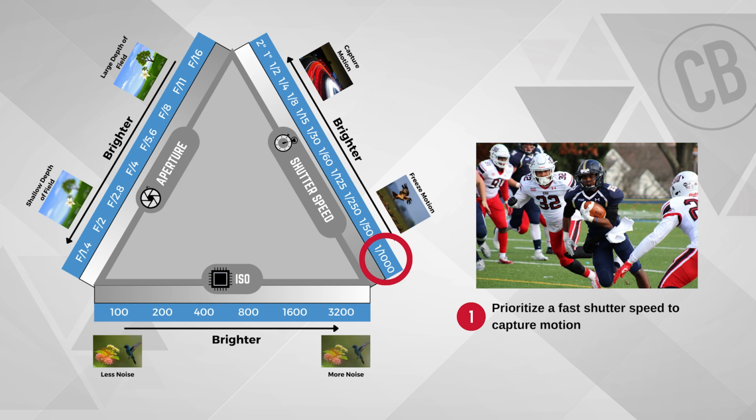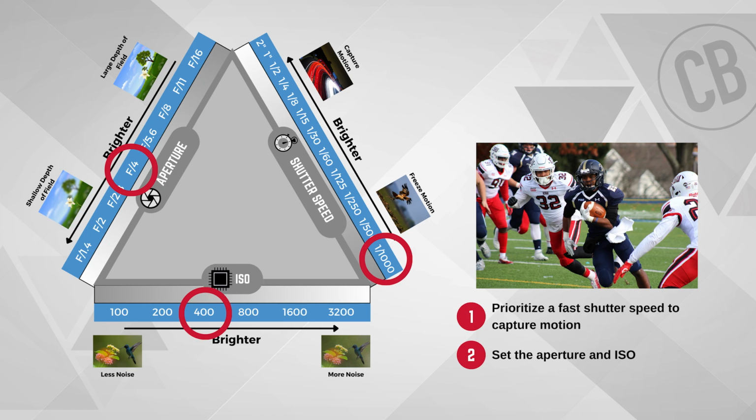After we've set our fast shutter speed, we can then adjust the aperture and the ISO to get the exposure that we want. I generally recommend setting your aperture next and then the ISO last to get the exposure you want, while also avoiding adding too much noise into the image. So let's say we set an aperture of f4 and an ISO of 400.